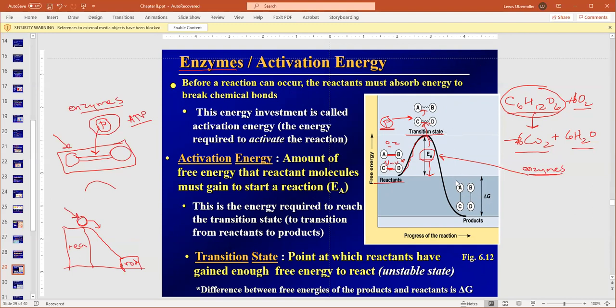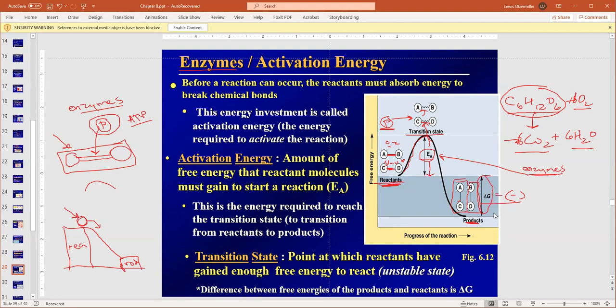And in the end, our goal is to just rearrange the bond. So here you can see that the A was bonded to B and now it's bonded to C. And C was bonded to D, and now B is bonded to D. So this is the products. The delta G here is going to be negative because the energy of the reactants is higher than the energy of the products. The difference of that energy is this change in delta G, which would be negative.